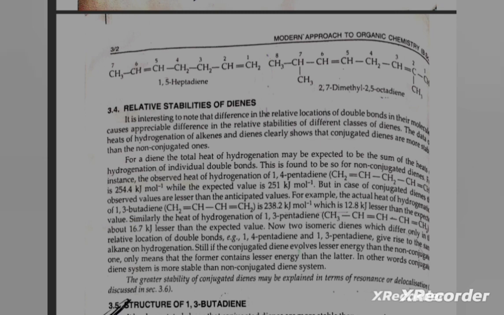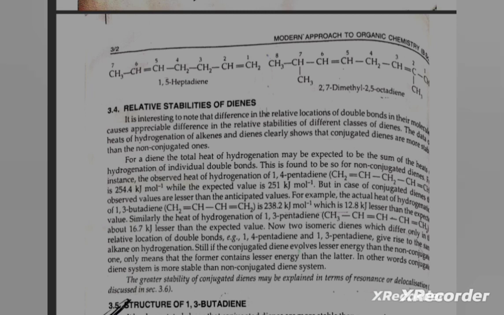This is found to be so for non-conjugated dienes. For instance, the observed heat of hydrogenation of 1,4-pentadiene is 254.4 kJ per mole, while the expected value is 251 kJ per mole. But in case of conjugated dienes, the observed values are lesser than the anticipated values.